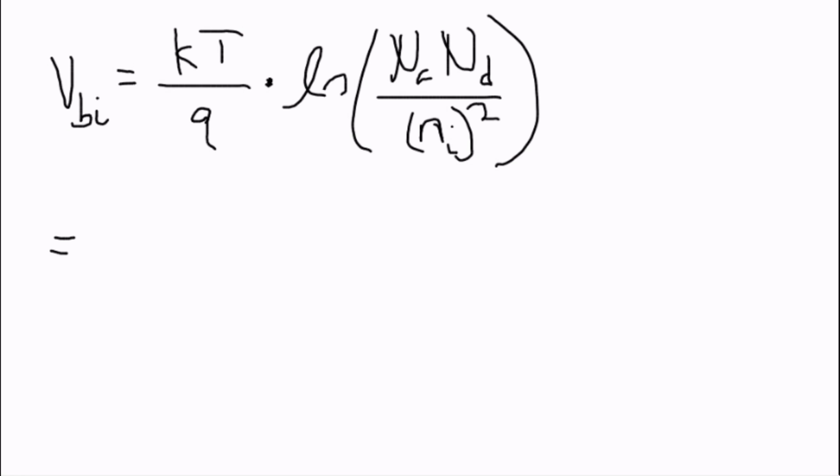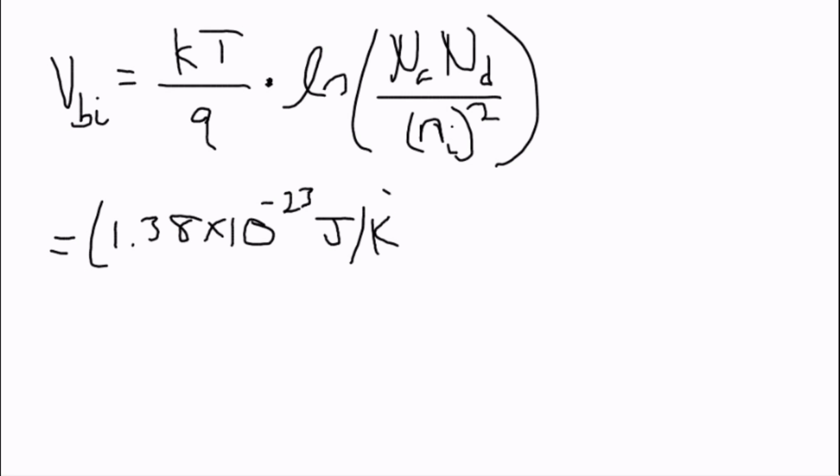And when we put all this in, we've got our Boltzmann constant, which is 1.38 times 10 to the negative 23rd joules per Kelvin. Our temperature was given as 30 degrees Celsius, but we need our temperature to be in Kelvin. To get from Celsius to Kelvin, you've always got to add 273.